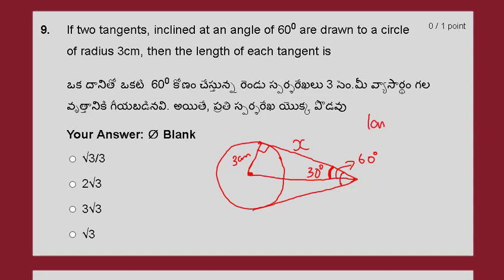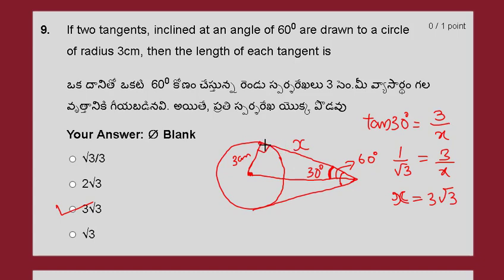So we can use tan. Tan 30 degrees is equal to 3 divided by x. Tan 30 degrees is 1 by root 3, which is equal to 3 by x. Cross multiplying, x equals 3 root 3 centimeters. So the answer is 3 root 3 centimeters.